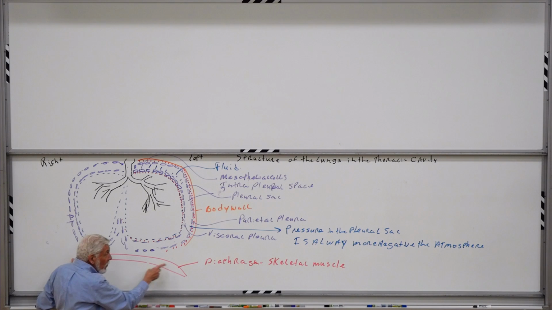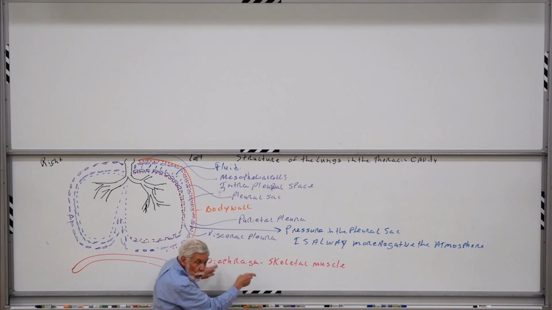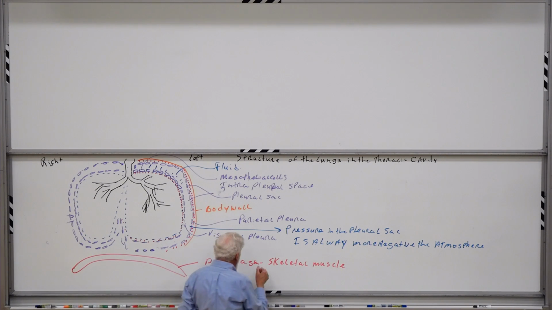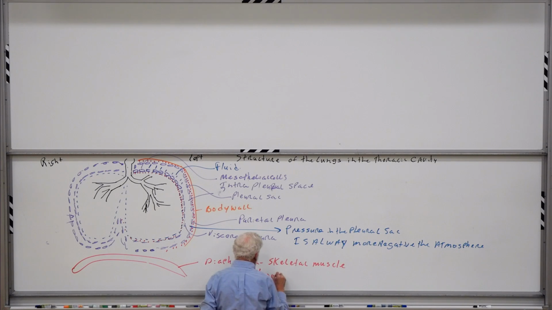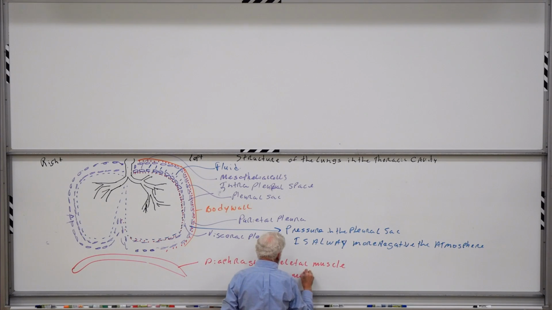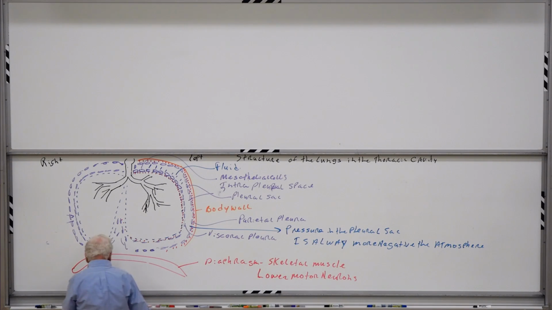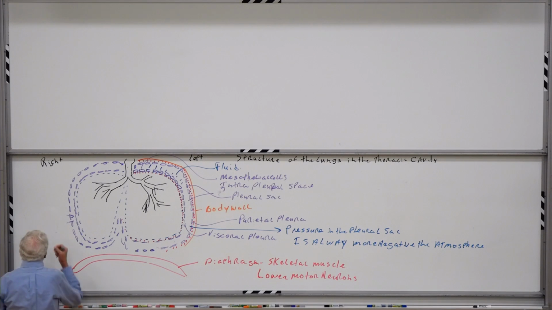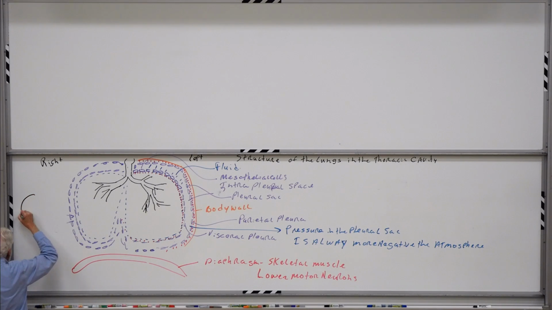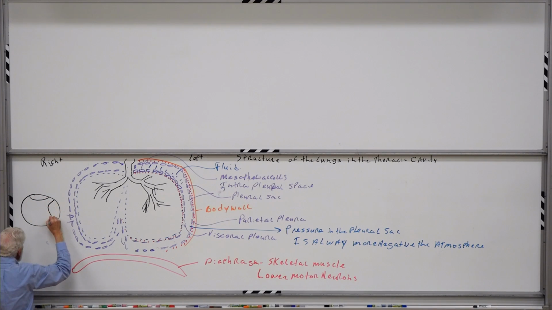The innervation of this skeletal muscle is, as you would expect, from lower motor neurons. And if we come back here and imagine that this is a cross-section of the spinal cord someplace in the cervical region, probably C2 to C5.